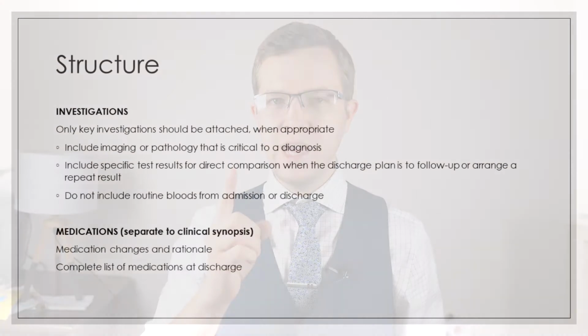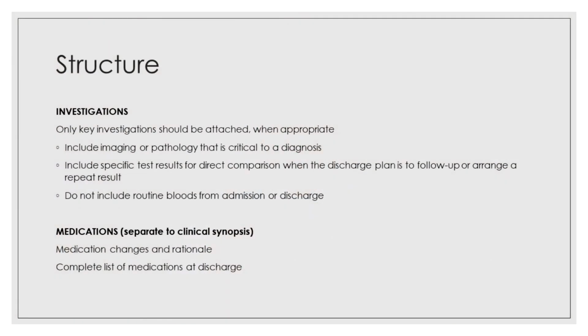But if you had someone that had an acute kidney injury, for example, or some kind of liver dysfunction, putting their tests of those particular organs at discharge is important if part of the management is to follow up changes in those results. So really you can summarize what we're looking for are key points of diagnosis, and that could be scans or biopsies, which are going to be most common there.